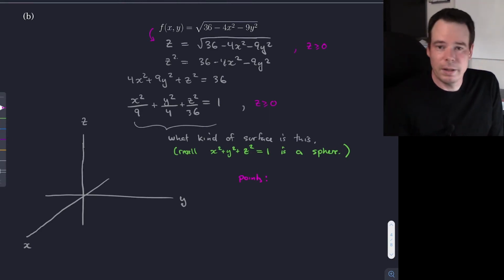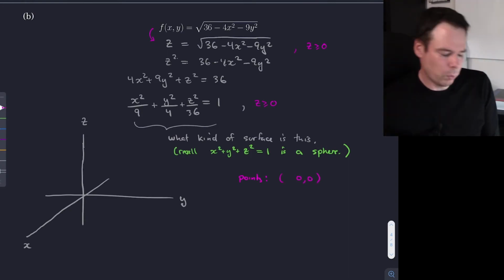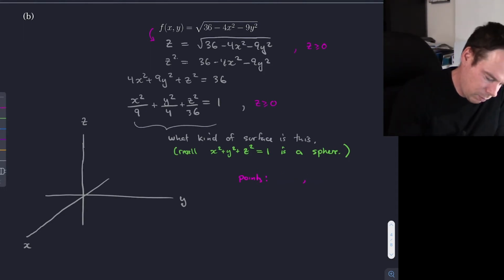Well, I could figure out where they intersect the axes again. So where does it intersect the x-axis? That would be where y and z are both 0. So maybe I'll get rid of that and just explicitly write that down. When y equals 0 and z equals 0, what we get is x squared over 9 is 1. So x squared is equal to 9.